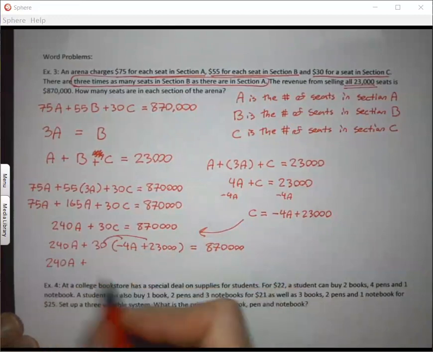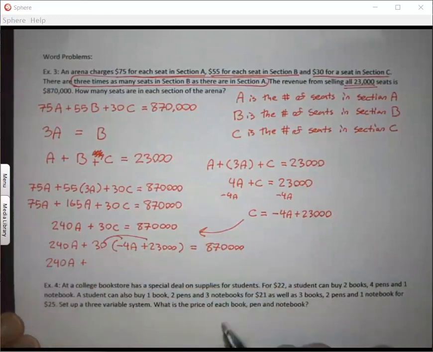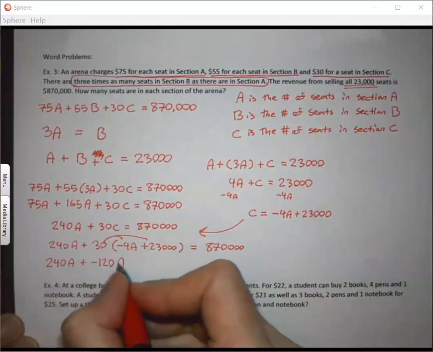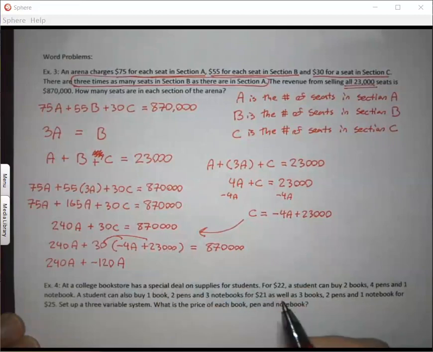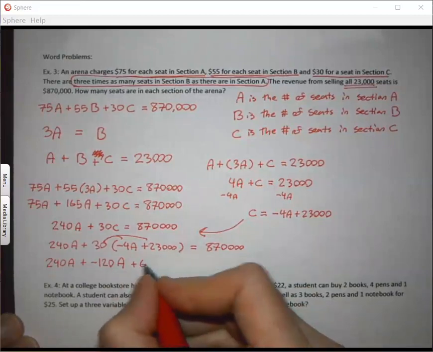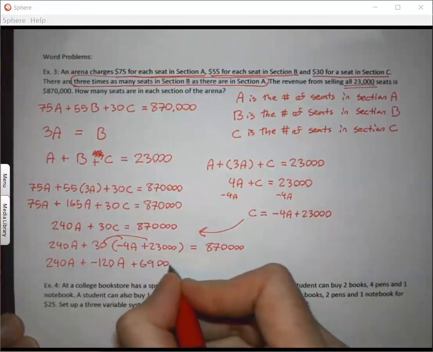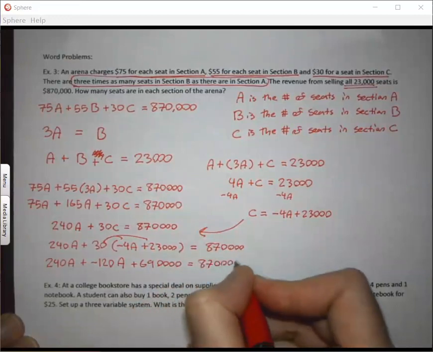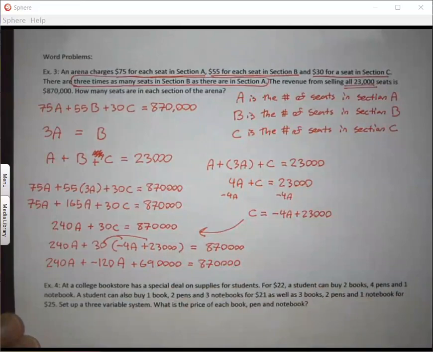Distribute. 30 times 4, minus 120a. 30 times 23,000. Combine like terms.